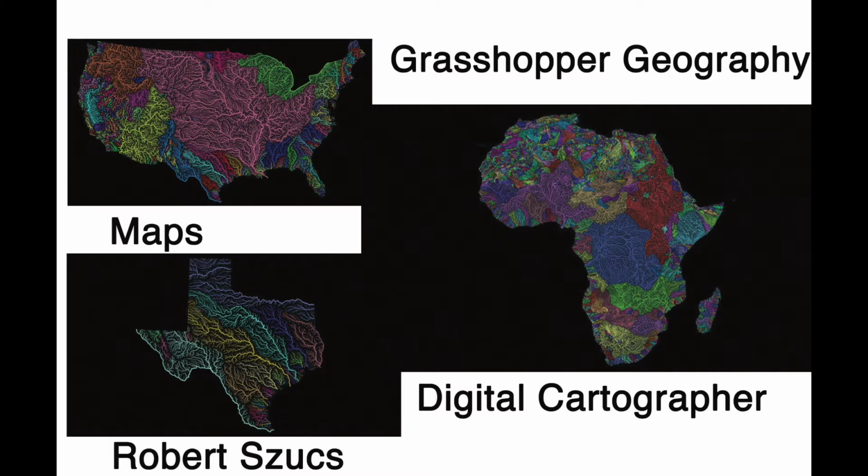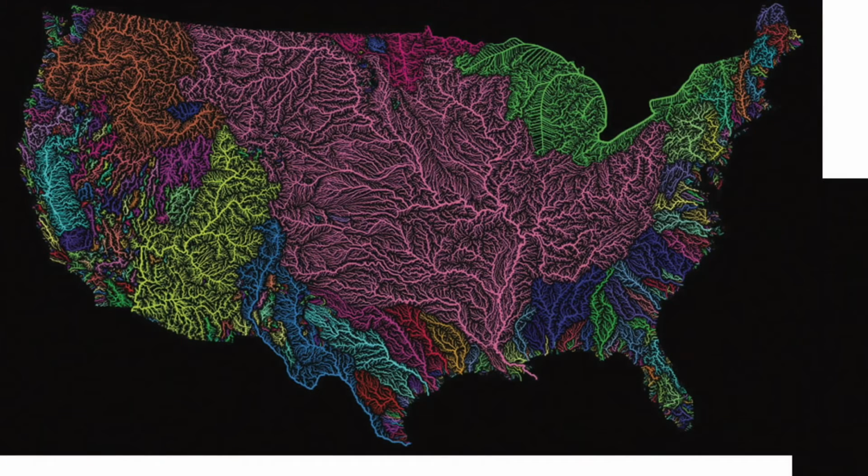And what he did was, instead of putting in the land and the roads and the buildings, he put in just the rivers. And you can see in this one that the Mississippi River is in pink. And that entire stretch of pink is what flows down into the Gulf of Mexico in the state where we live in Louisiana.